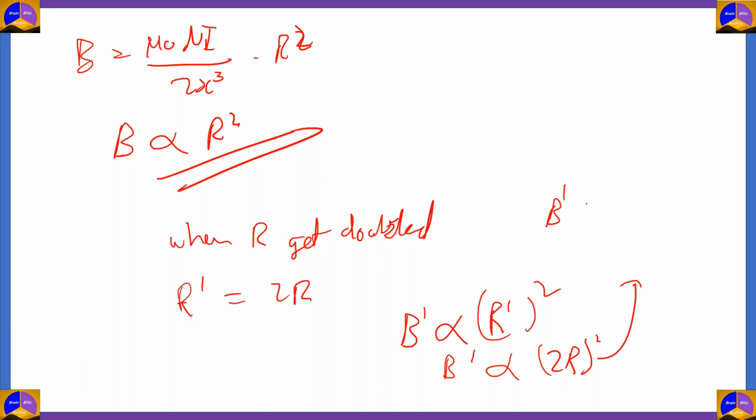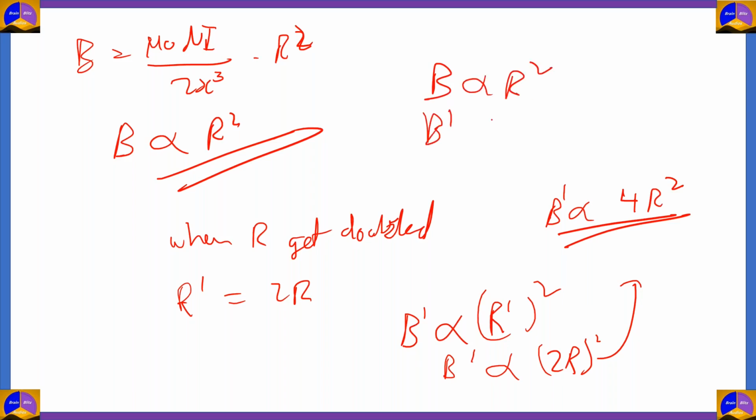That means B dash is proportional to (2r) the whole squared, so B dash is proportional to 4r squared. The original magnetic field B is proportional to r squared, and this B dash is proportional to 4r squared when r becomes 2r. So when the radius gets doubled, the magnetic field becomes 4 times larger.